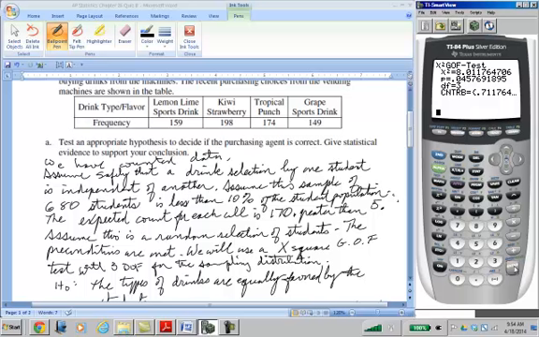Now the CNTRB, that's how much each cell contributes. So the first cell is lemon lime. It didn't contribute very much to the statistic, 0.7. It's sort of hard to read these.